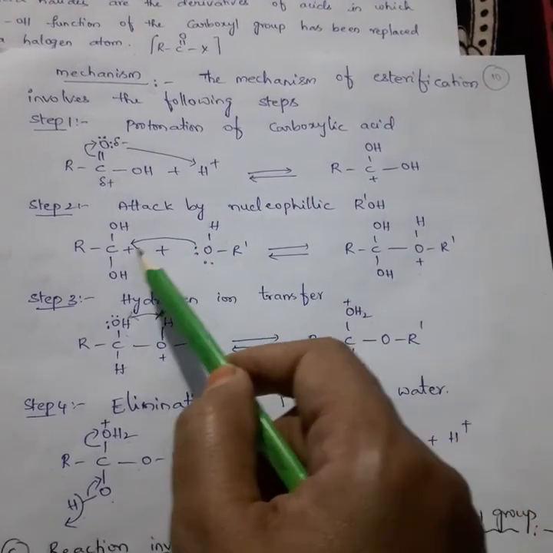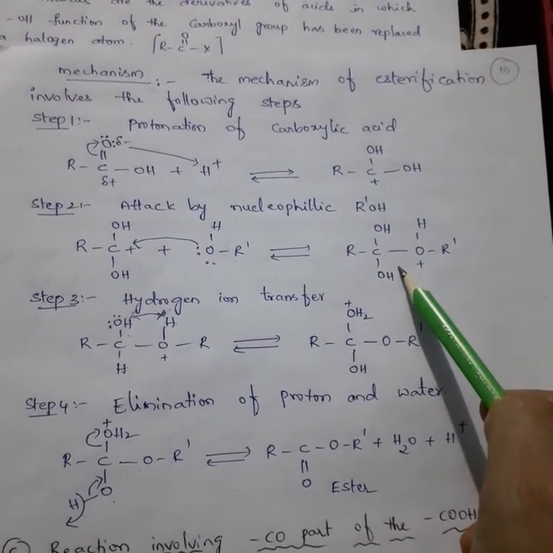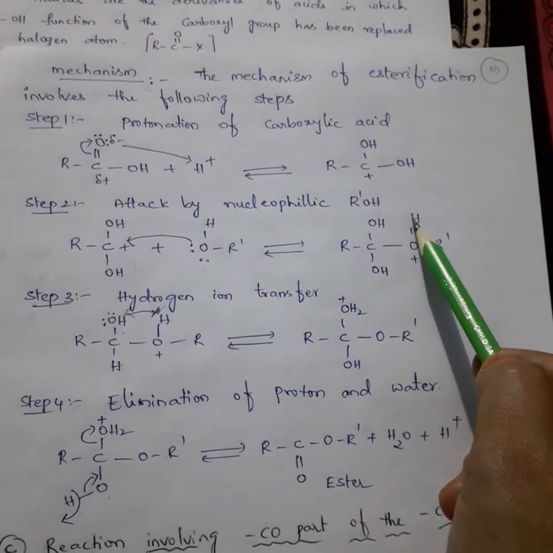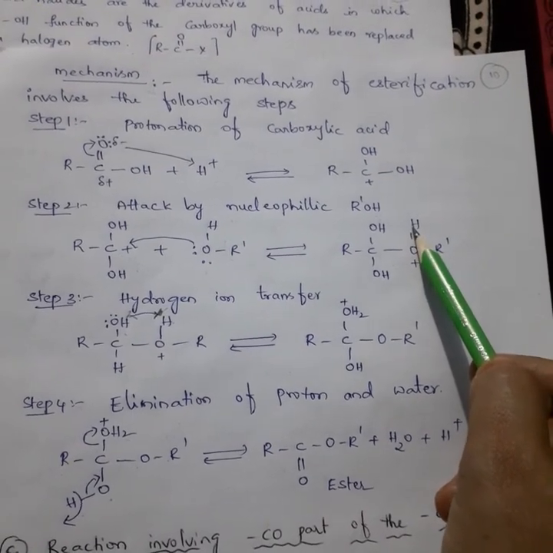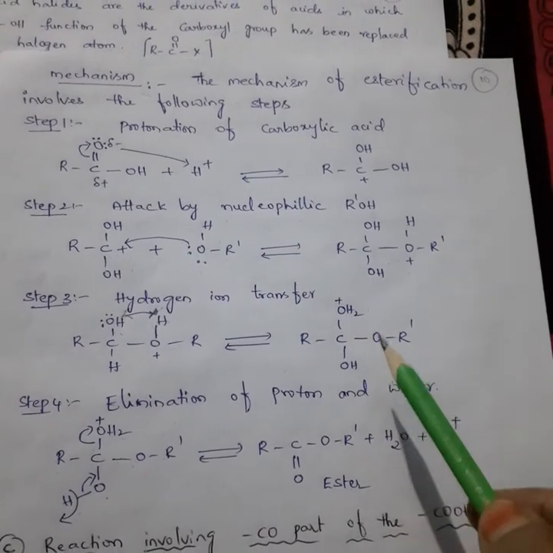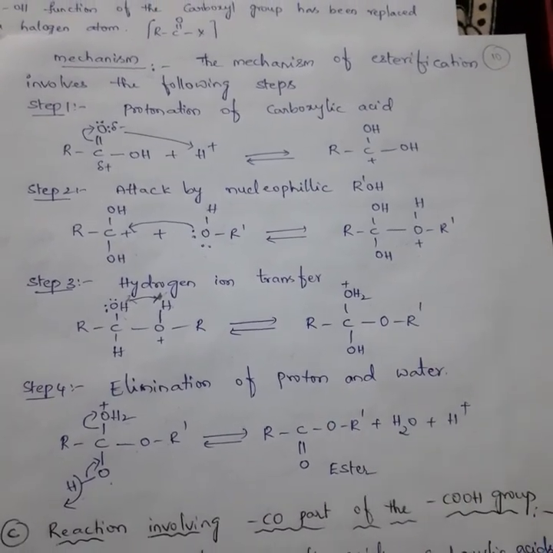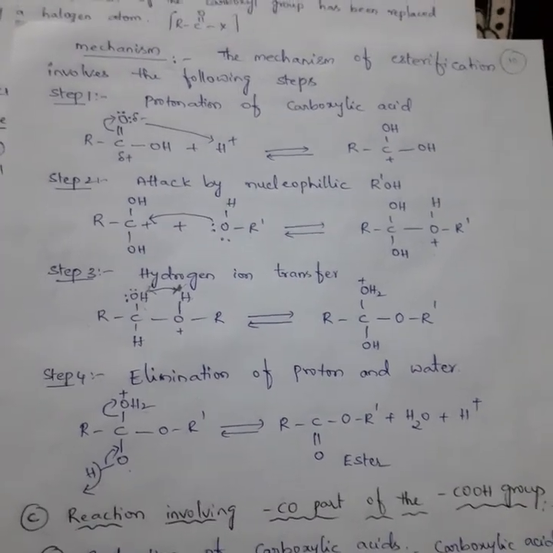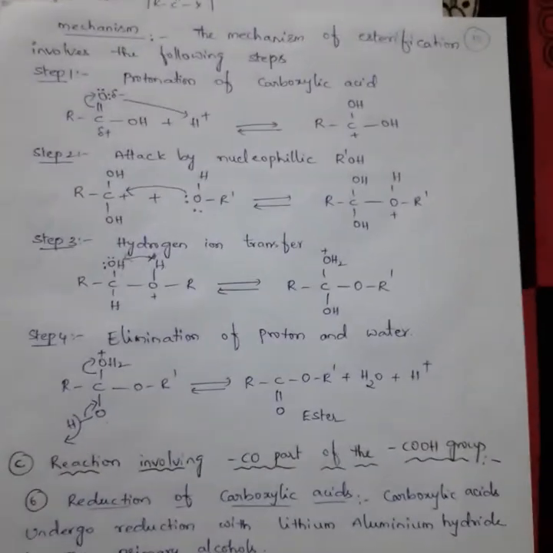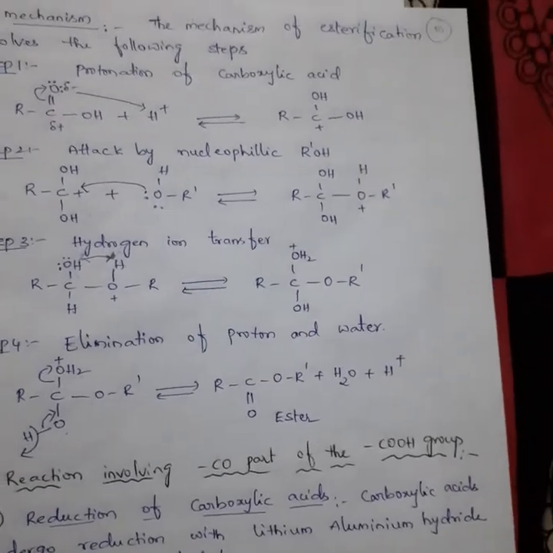This lone pair of electrons will make a bond with carbon. In the third step, hydrogen ion transfer takes place. H transfers from this oxygen to here, so that OH2 plus forms. And again by the elimination of proton and water we will get esters. Okay. So these are the 5 reactions which involve removal of the OH group.